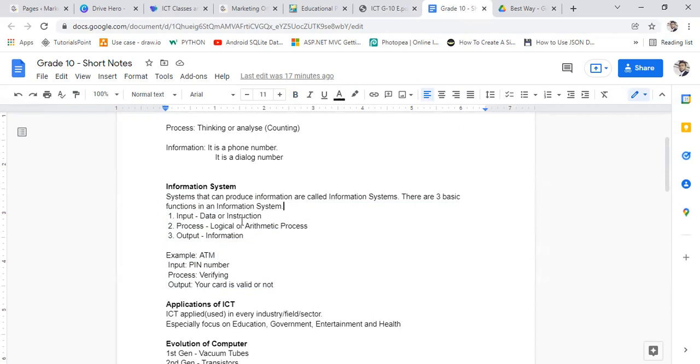If it is 5, then you have to write this much. If it's 2, then these are enough. You don't need to go for examples. So it always depends on the marks allocated for a particular question.